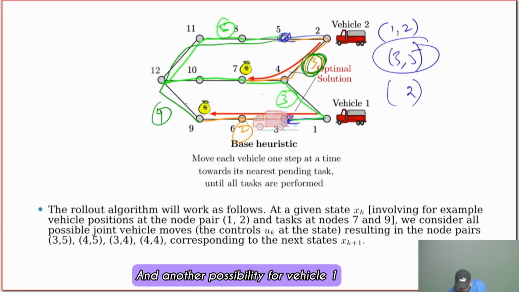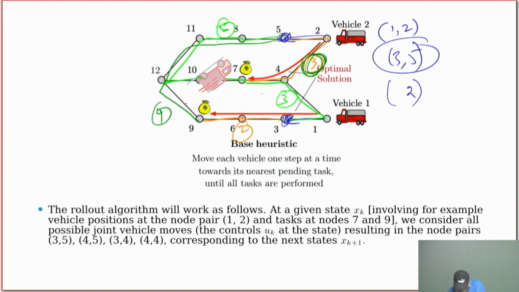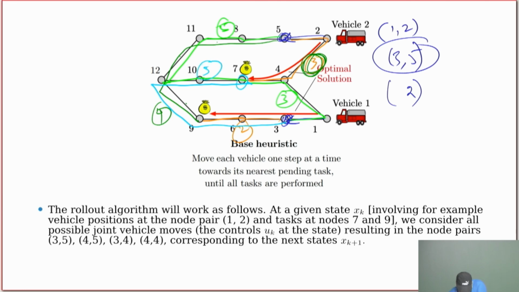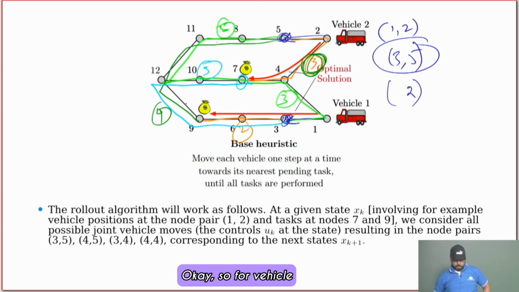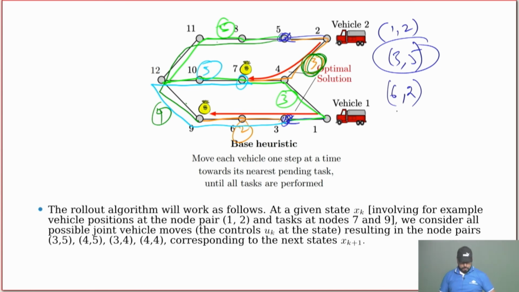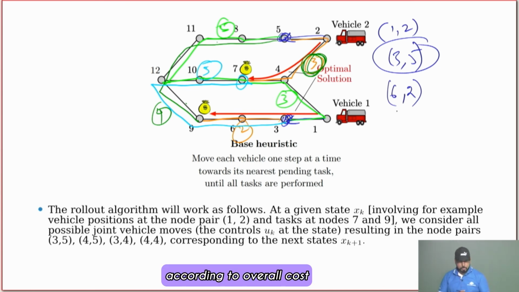And another possibility for vehicle 1, which is obviously not a good policy, is that it goes further than here, right? So it can go to this goal as well. So here it's like 1, 2, 3, 4, 5. Okay. So for vehicle 1, going to 6 is clearly a good idea, because according to overall cost, that's where it's the minimum cost.